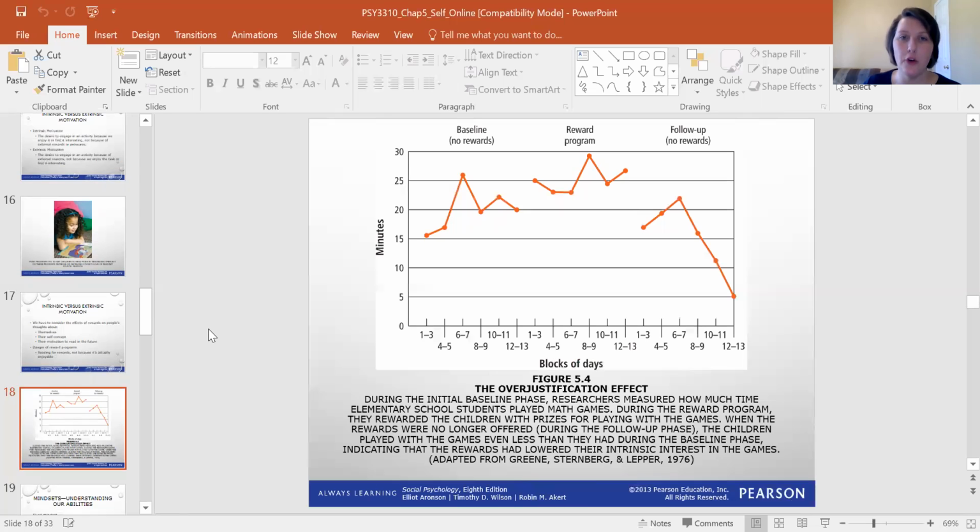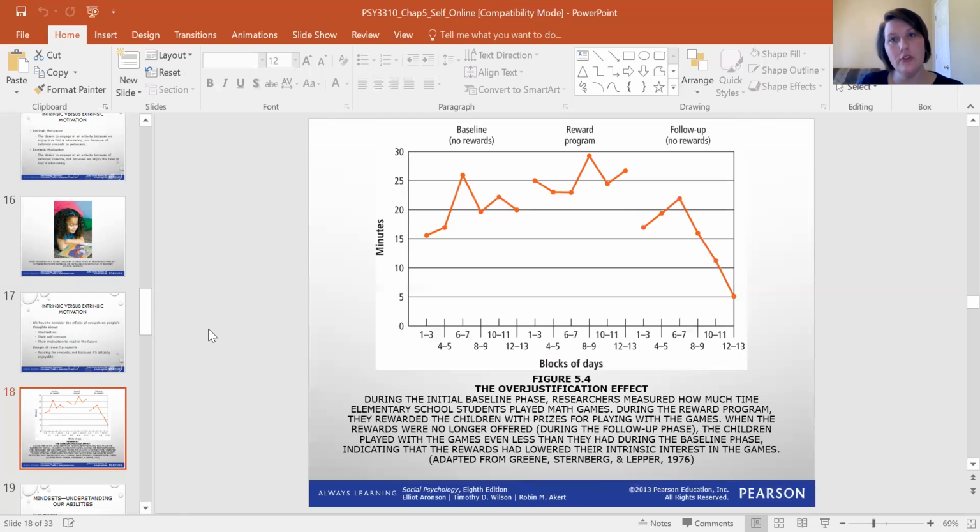At first you can see that the kids were playing the game for about 15 minutes. And then it peaked about a week in at a little over 25 minutes. And then it sort of dropped off and plateaued. So you see these children were having a good time playing this math game, with this peak being about 26, 27 minutes total amount of play.